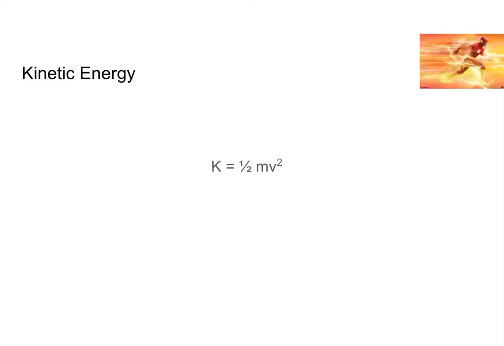Now, I really want to jump in and kind of zoom in on two specific kinds of energy that we're going to be focusing on in this class. The first is kinetic energy, which again is the energy of motion. And we're going to use the letter K to represent kinetic energy. And we're going to go ahead and measure our kinetic energy in joules.